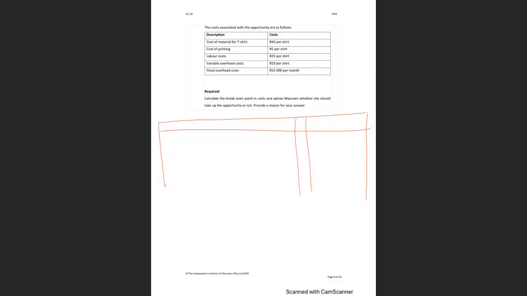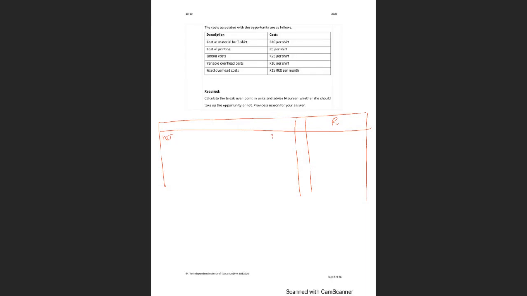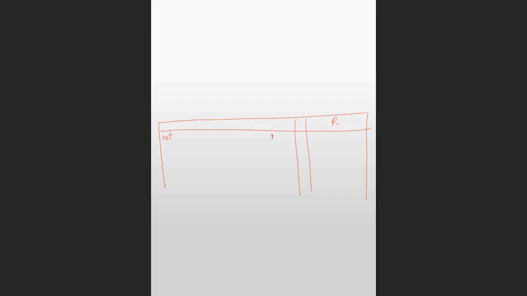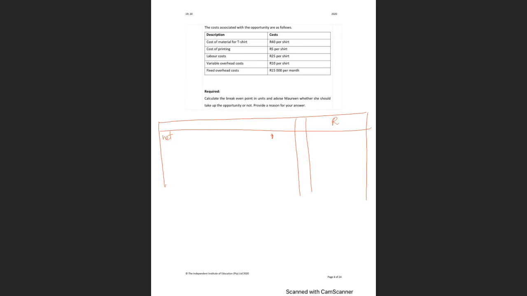Oh gosh, the whole thing disappeared. Okay, I'm not going to write that heading again. So net sales. Gosh, what is wrong with the screen?